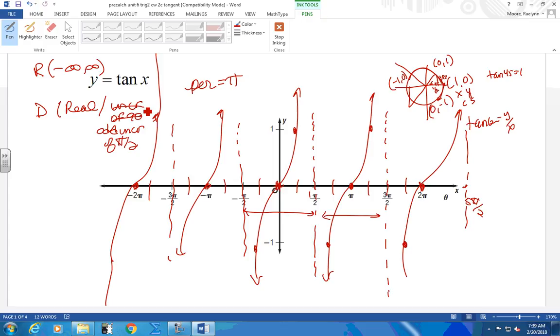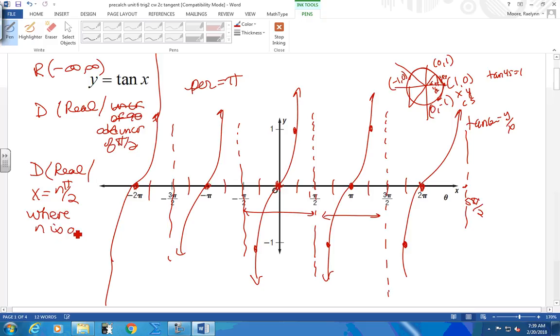We can't use pi over 2, 3 pi over 2, 5 pi over 2, 7 pi over 2, 9 pi over 2. So we're going to say this: the domain is real numbers except when x is equal to n pi over 2, where n is an odd integer.